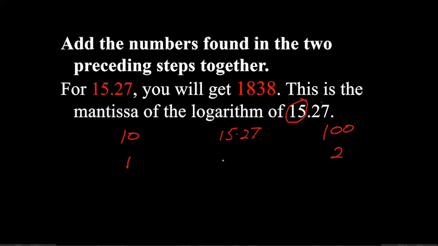Its answer should be 1 point something. This is the number, and this is the log of that number base 10. So the log should be 1 point something because it has to be in between the logs of 10 and 100. 10's log is 1, 100's log is 2.